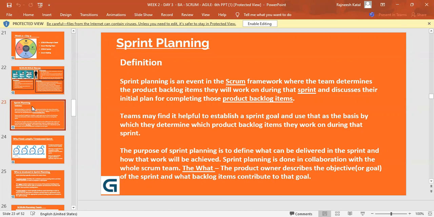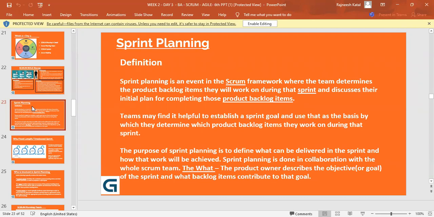So now this is an event, because it's a very crucial one. What it says is the team sits for a discussion and decides what are the points on the product backlog that have to be worked on during this sprint.